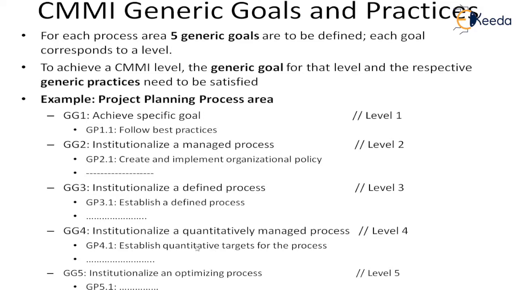Not only will each project set its targets, but at the organization level a target will be determined, and each project has to adapt to the organization's target. At the highest level, we have institutionalize an optimizing process. There has to be a policy for the optimization of the project's process, and accordingly the practices will be written.